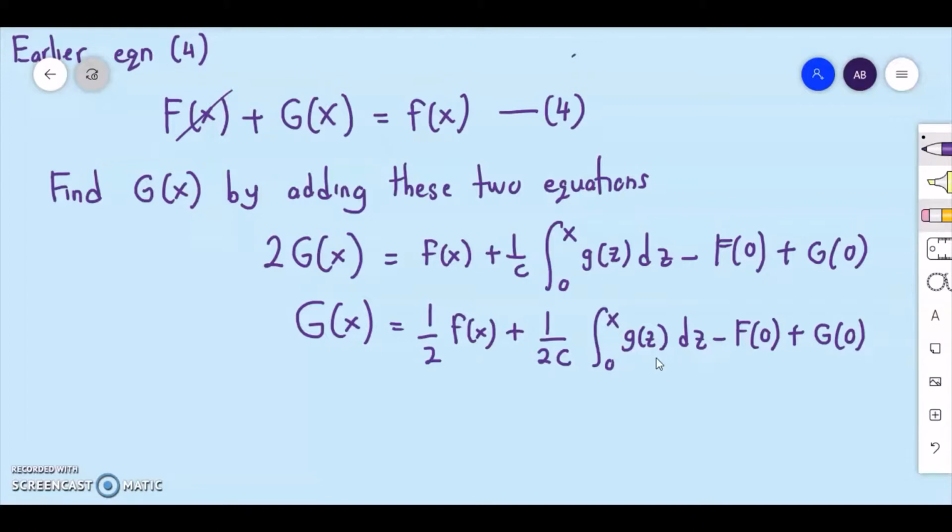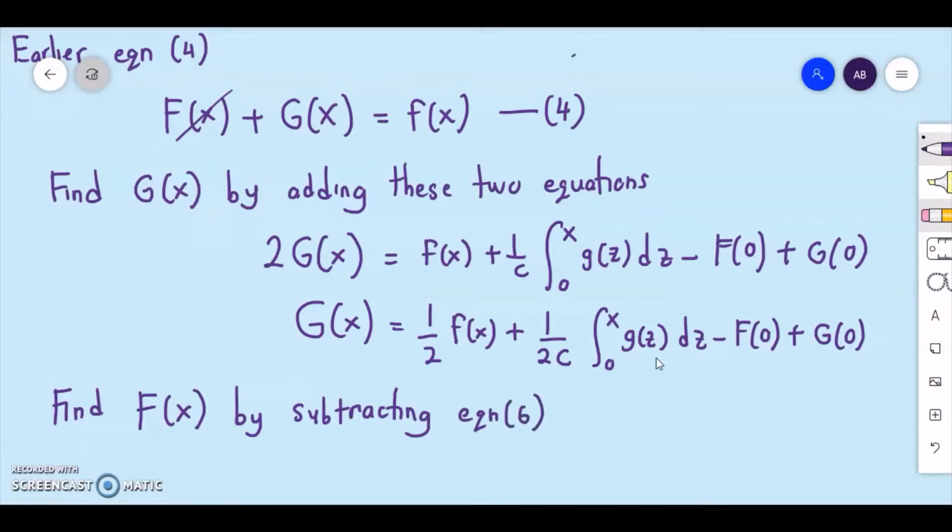Now similarly, we can find fx by subtracting equation 6 from equation 4. Okay, so let's subtract them.